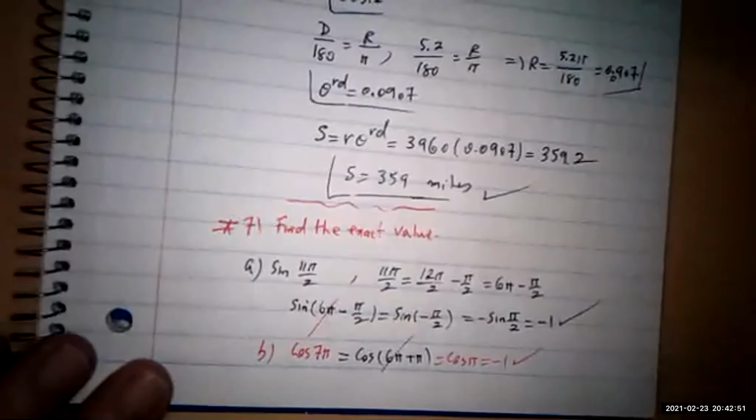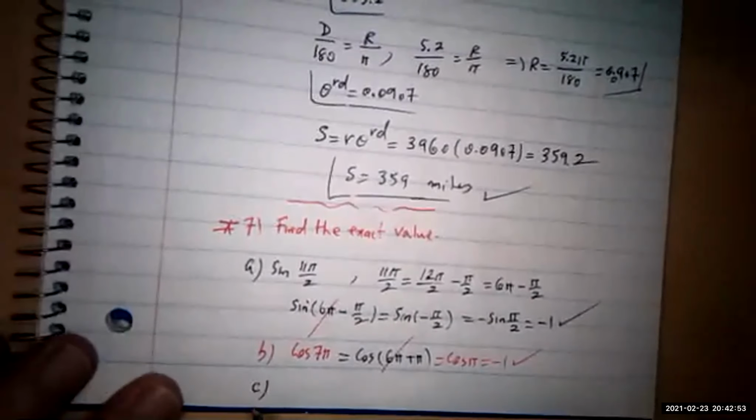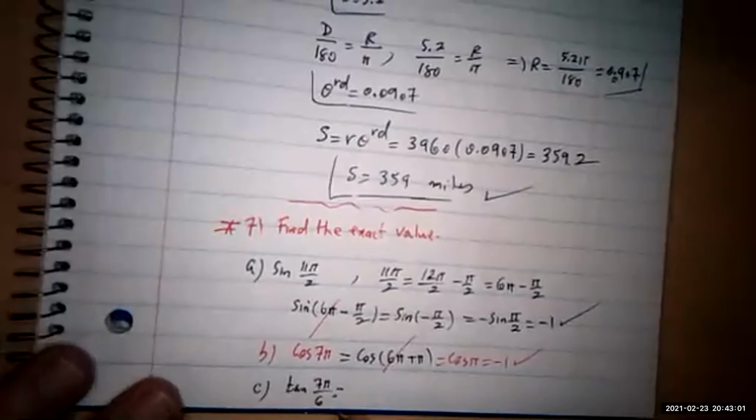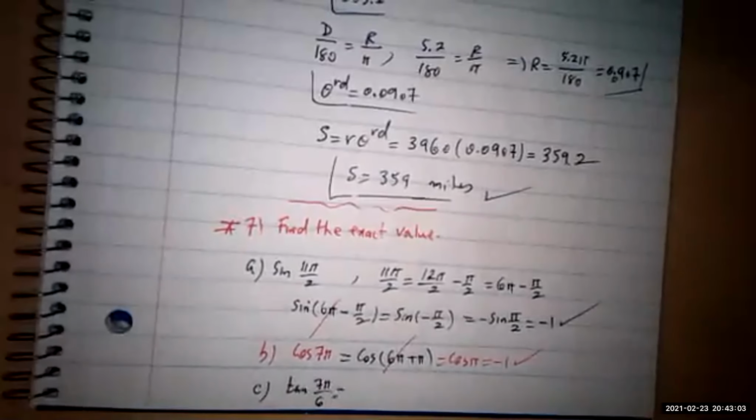The next one is easy. You can check it from the table. Tangent of 7 pi over 6. Pi over 6 is 30 degrees, so 7 pi over 6 is 210 degrees.